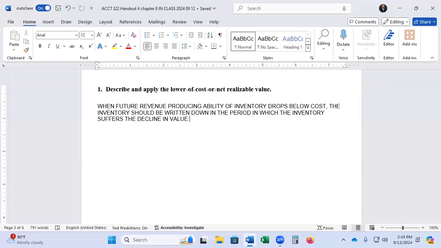So why do we want to record revenue and expense in this period when the loss occurred? What's the accounting principle that we're talking about here? Matching, right? Be brave. Be brave, man. Yeah. Be brave in here.